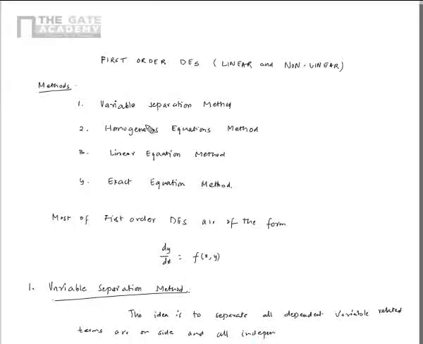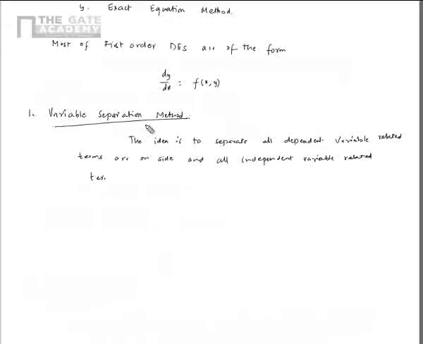Looking at the differential equation, you have to see which method you can use, and every method has some requirement. For example, this variable separation method has this requirement: if you are able to separate, then it is well and good. Otherwise, you cannot apply this method.